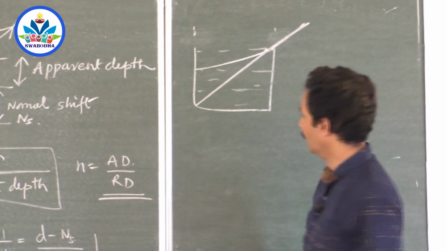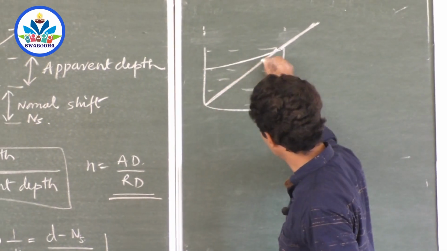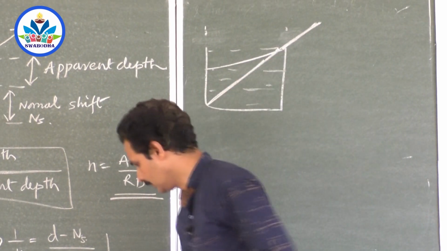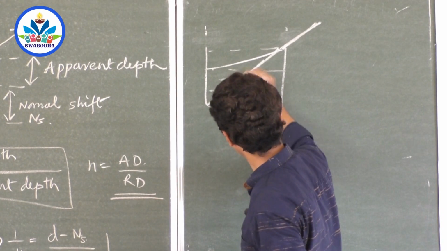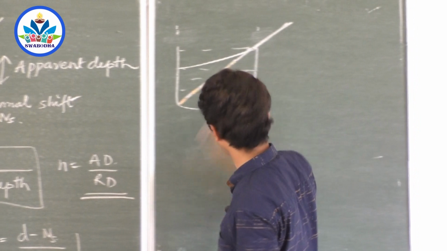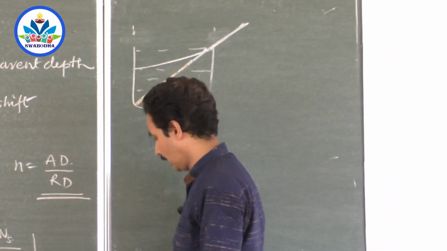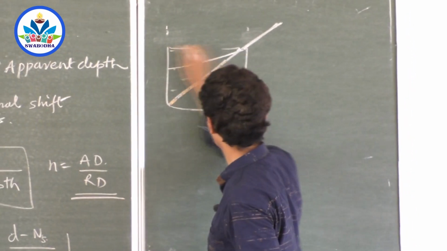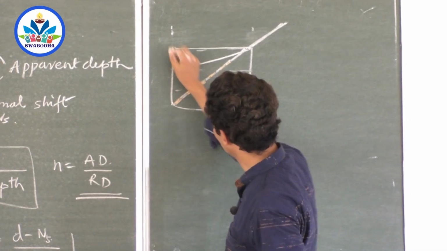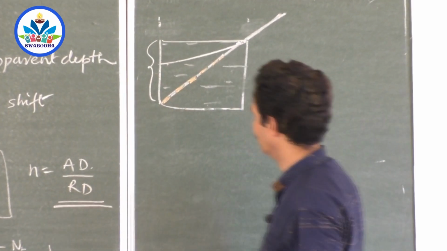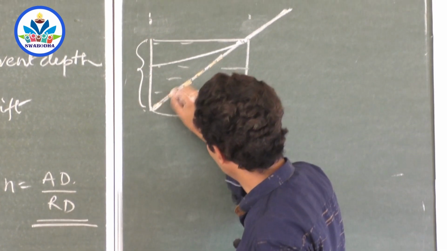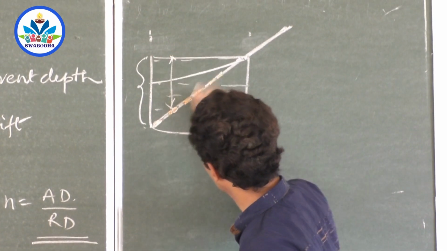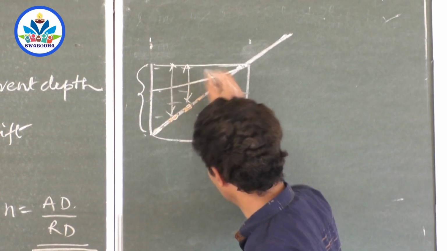The reason is very simple. Now paint this stick with different colors, here and here. Imagine that the whole stick is made up of different pieces. Each piece from the surface of water is at a different real depth. Real depth for this piece is this much, for this piece is this much.